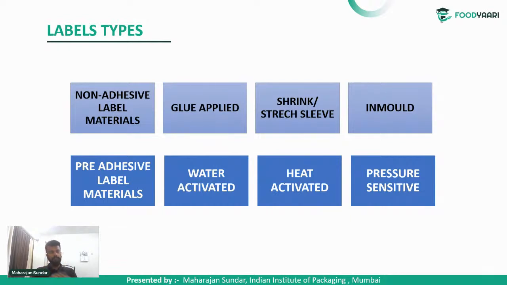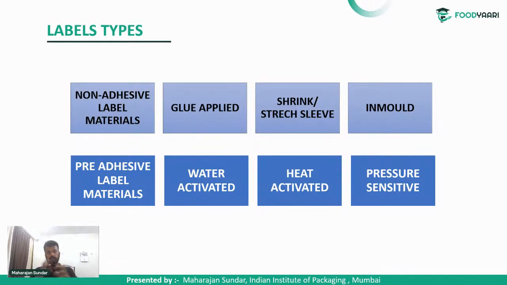Non-adhesive label material has one part printed and the other part plain. While packing the product, at the final stage of closing, the label will come in one direction and the glue will be applied by mechanical means to the product, and it goes directly to a dryer for drying.